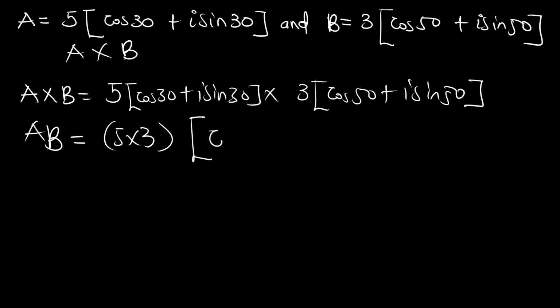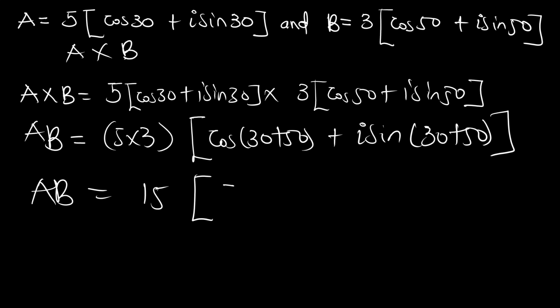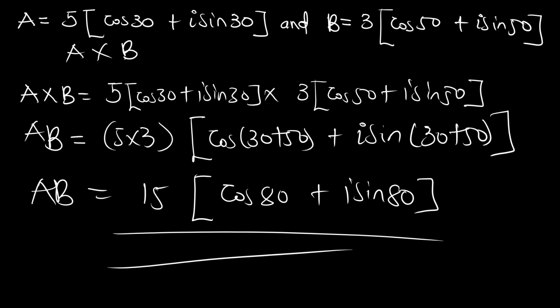So cos 30 plus 50 plus i sine 30 plus 50. AB is going to give us 5 times 3 is 15, cos of 30 plus 50 is 80, plus i sine 80. So it's this simple.